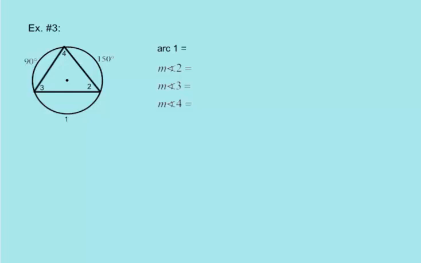As we look first at arc 1, we notice we've got the other 2 arcs along the circle. And we know that all the way around a circle is 360 degrees. So the measure of arc 1, seldom do we use numbers to measure arcs, but it works here, plus 90 plus 150 equals 360. So we combine like terms.